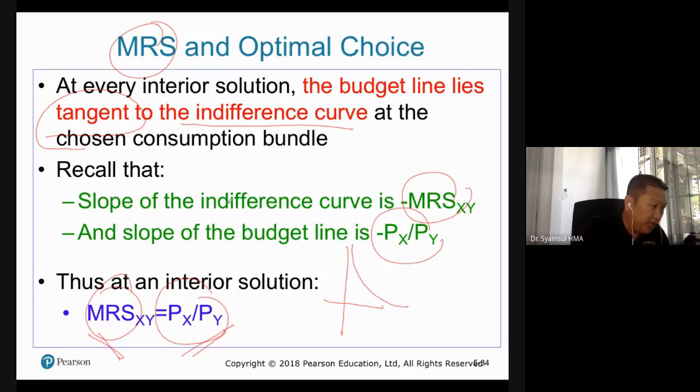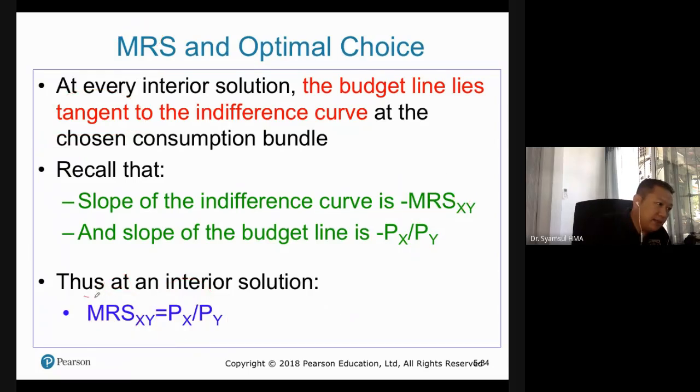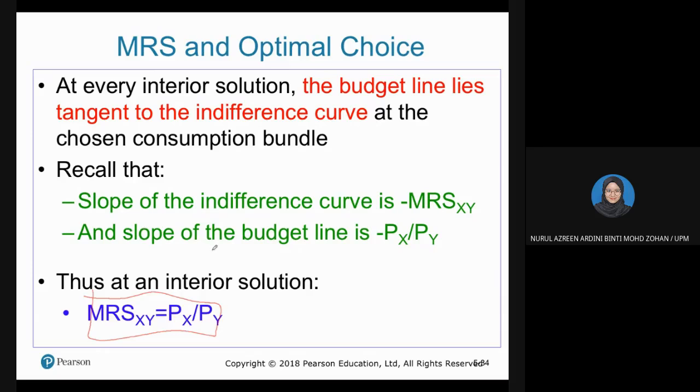What do you understand by this? Maybe the intersection between the indifference curve and the budget line.